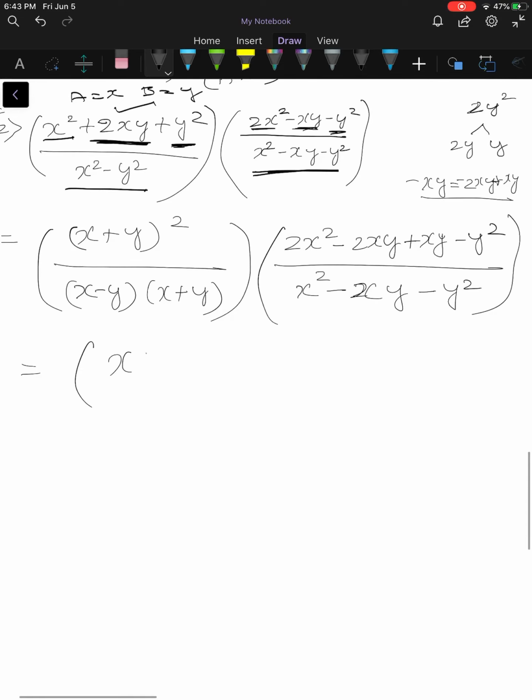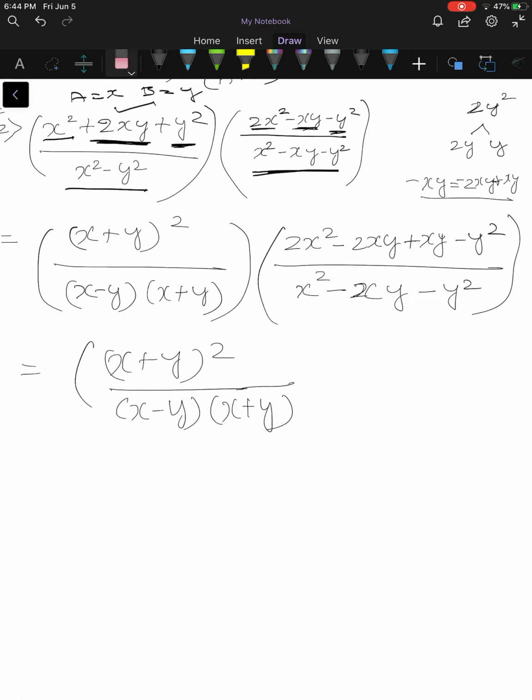So now what happens? This would be x plus y the whole square divided by x minus y times x plus y, or I will write the numerator to be x plus y times x plus y.